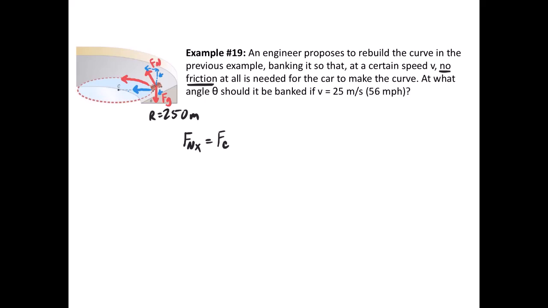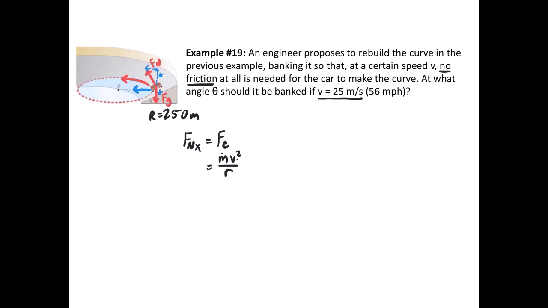All right. Now, we're going to need to figure out what both of those are. Now, this time it does say at what angle should it be banked. So we have the speed here, 25 meters per second. So we know that the centripetal force here, we're going to change into mv squared over r, just like that. And we have the speed there.